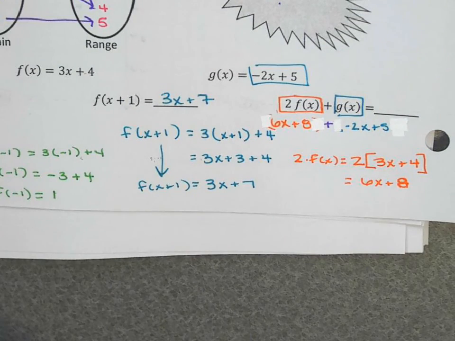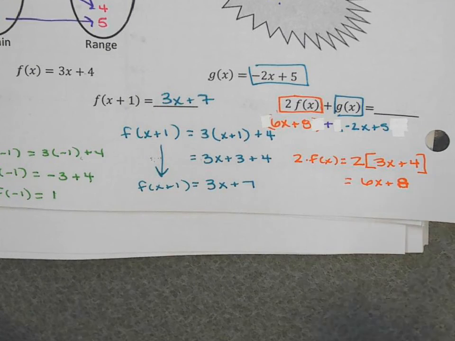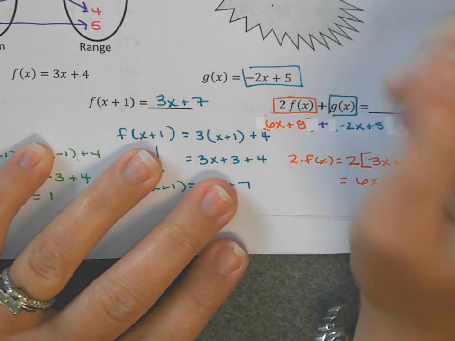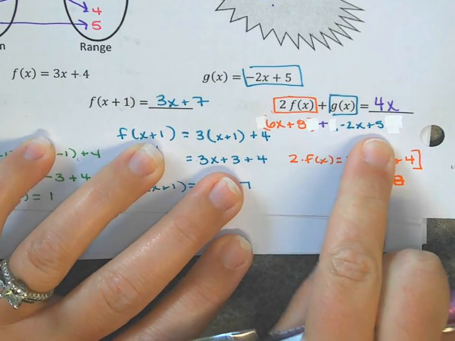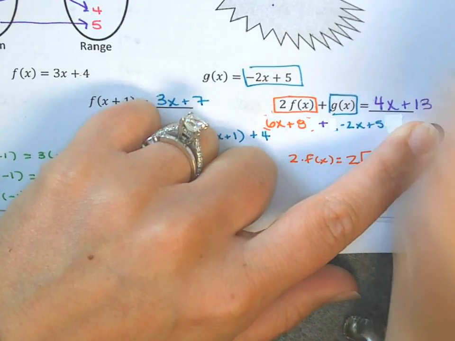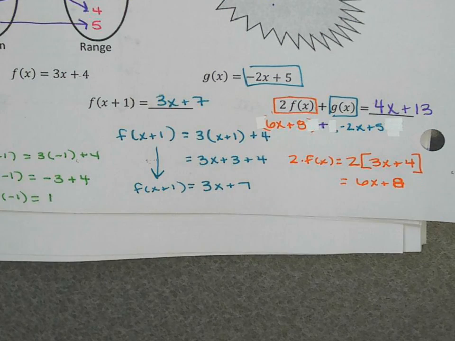And you're just combining like terms. So 6x and negative 2x is 4x. And 8 and 5 is 13. And that's it. Is that okay, that idea?